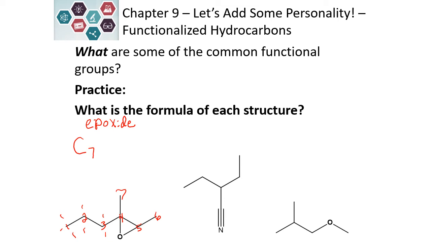When we get to number 4, there's 4 bonds drawn, which means there are no hydrogens on that carbon. 5, there are 3, so there would be 1 more. 6 and 7 each have 3 hydrogens. The oxygen, if there was any hydrogen attached to it, it would need to be drawn. So if we count up those hydrogens, we have 14.